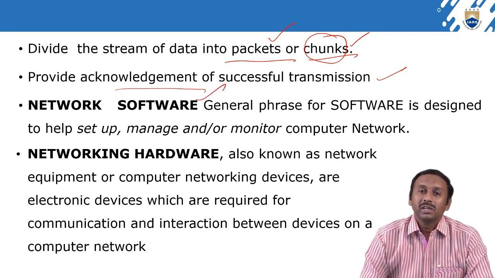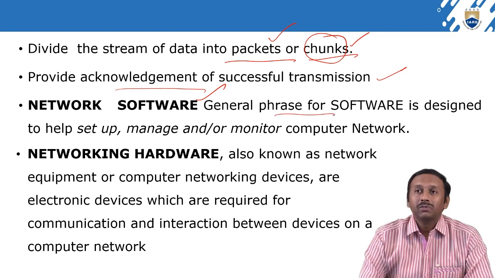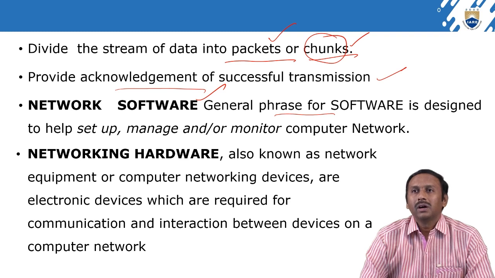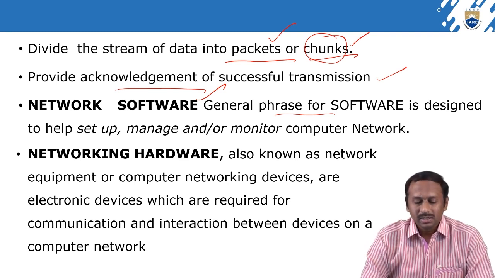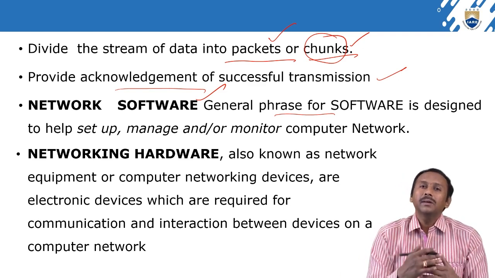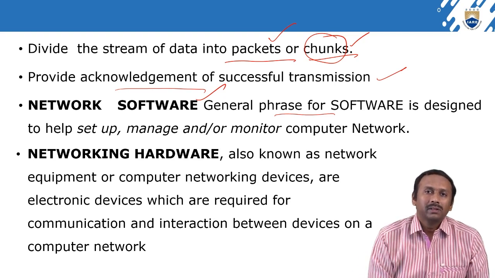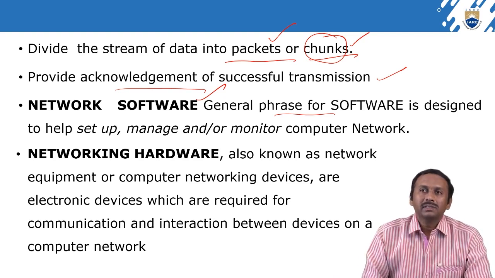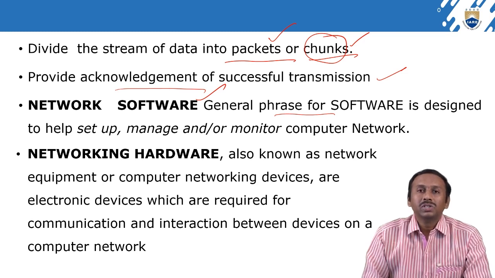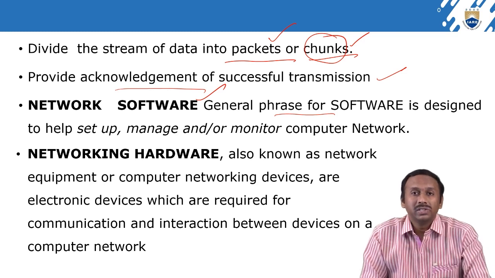What is network software? Here we are using the terminology network software. Generally, network software is software designed to help set up, manage and/or monitor computer networks, isn't it? So this network layer is going to transmit the data based on the destination address and determine the suitable path. For that it requires software which is going to monitor whether the packet reaches the destination or not.